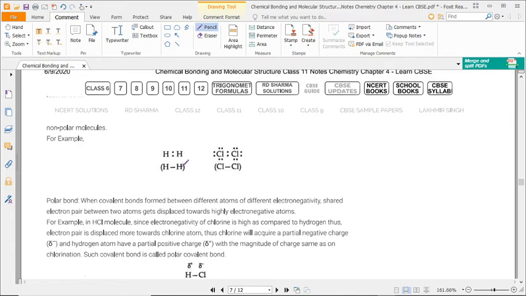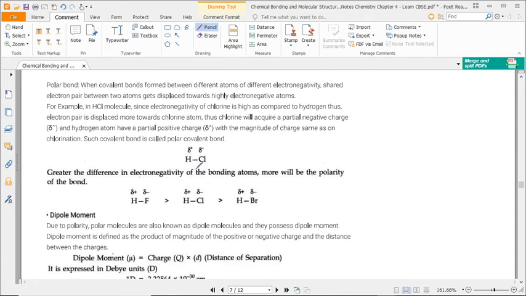That's why they are non-polar covalent bonds. But if you take hydrogen and chlorine, chlorine is electronegative in nature and hydrogen is electropositive in nature.